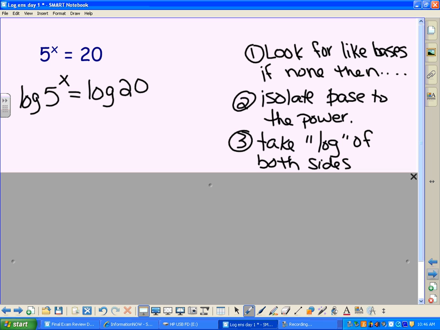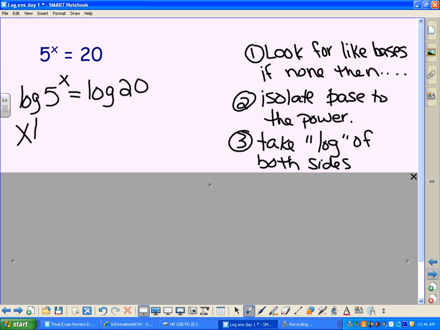Now, how in the world is taking the log of both sides going to help me solve this problem? Think properties of logs. Look at the left-hand side and think properties of logs. That's right. Remember that exponent can come out in front as a multiplier.